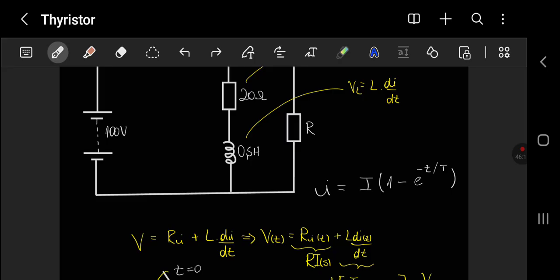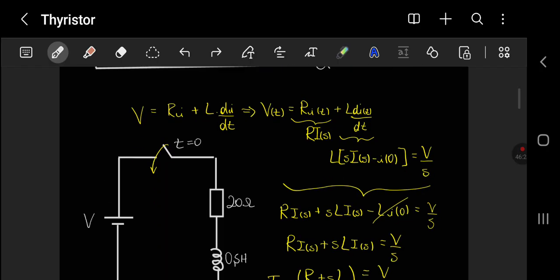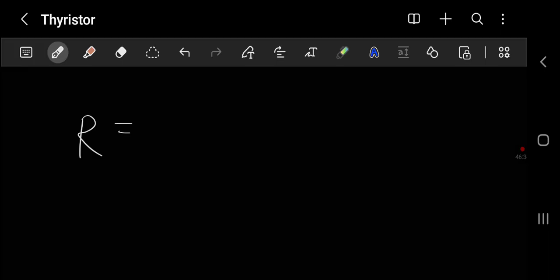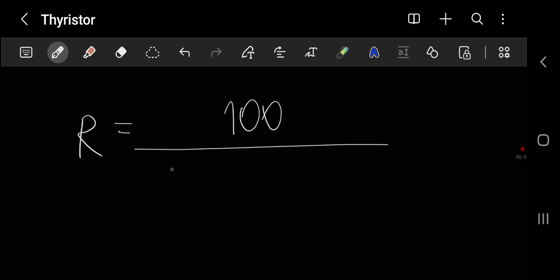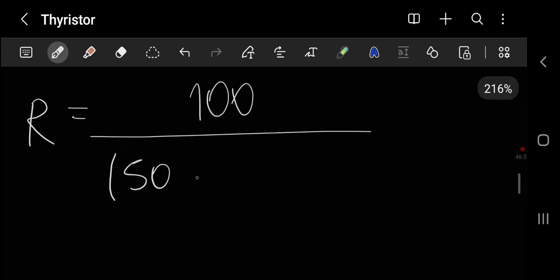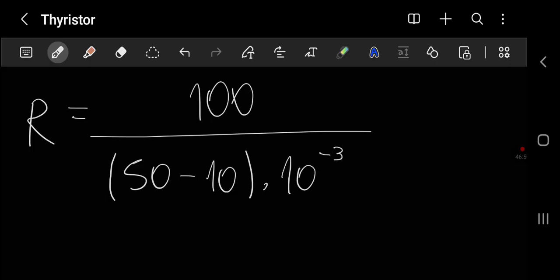So the addition of R allows the establishment immediately of a current of 100 over this R. So the value of R that we can plug in the circuit to guarantee the correct trigger of the circuit is 100, which is the value of the source, over 50 milliamps, which is the latching current of the thyristor, minus the 10 milliamps that we found.